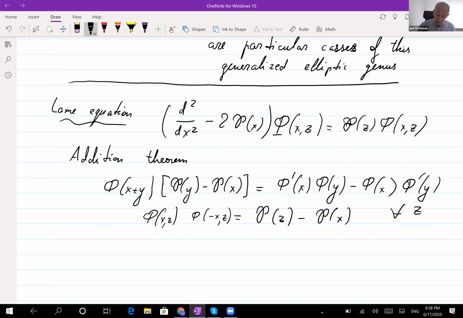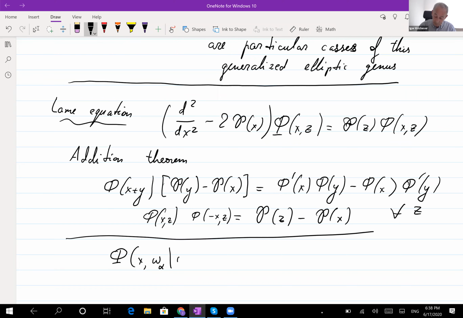Okay, so it's an easy exercise that if you take phi and evaluate it at z equal to one of the half periods, so we have a family of formal groups depending on several parameters, z and periods of the elliptic curve, but if we specify z to be one of the half periods, one gets an elliptic formal group. Formal group is a particular case.